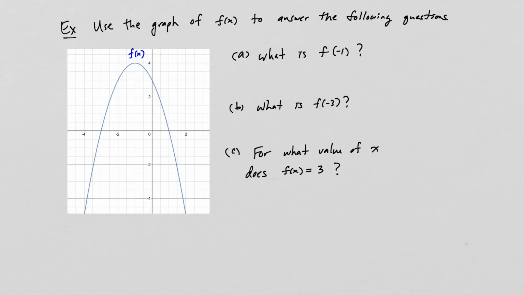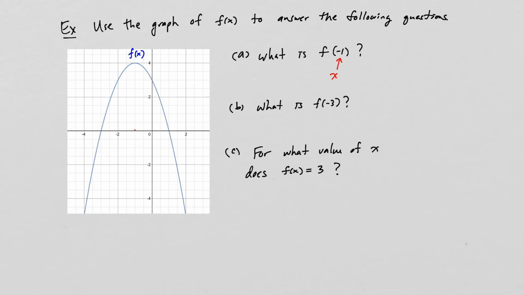One more concept as it relates to functions and their graphs is that if we're given the graph of some function, so here is the graph of f of x, we can answer questions about it by using the graph. So using the graph here, what is f of -1? What are you being asked to do here? Remember, the number on the inside is the x value.